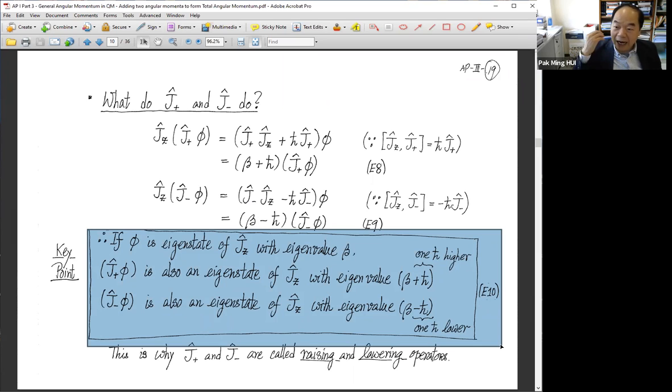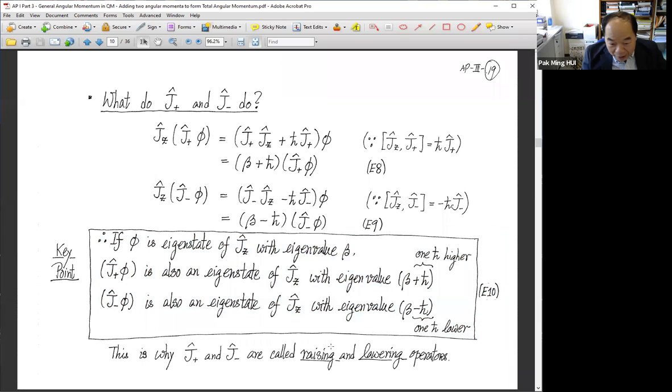They will take eigenstates of Jz in h bar steps higher into other eigenstates, or h bar lower into other Jz eigenstates. And this is why we have these names, raising and lowering operators, for J plus and J minus. So now we are in the big picture step 2.